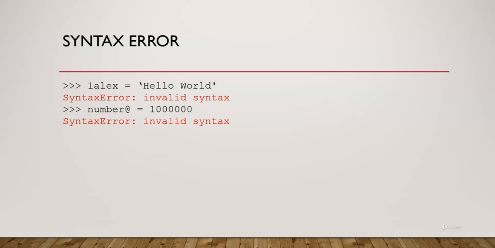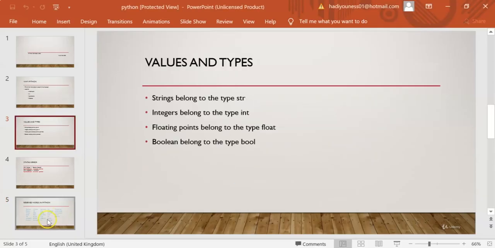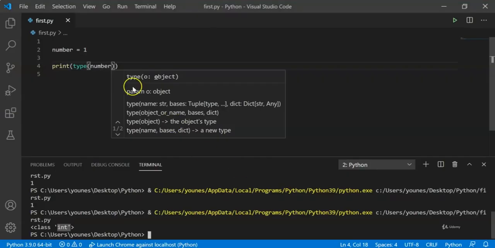And it's good to mention that we can use the underscore character. For example, if we have a variable name that consists of two words, for example, hello world, and we don't want to put them together, we can simply use the underscore between them. So let's go ahead and create it here in Visual Studio Code.